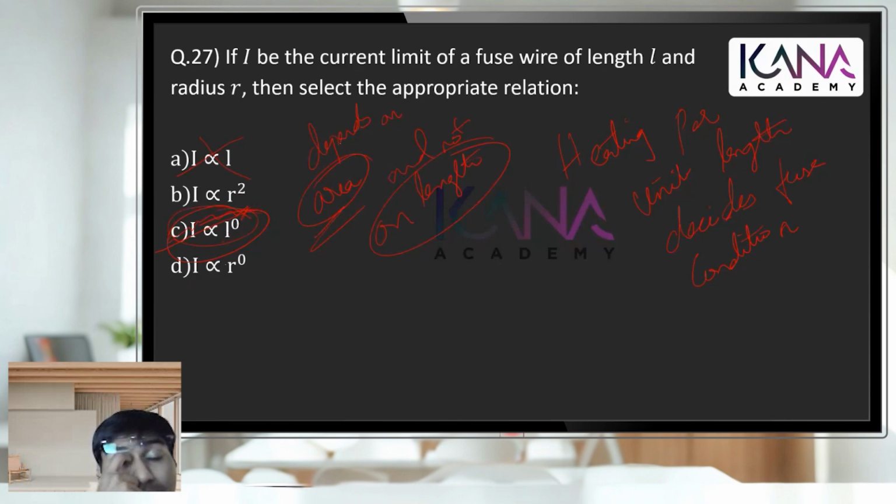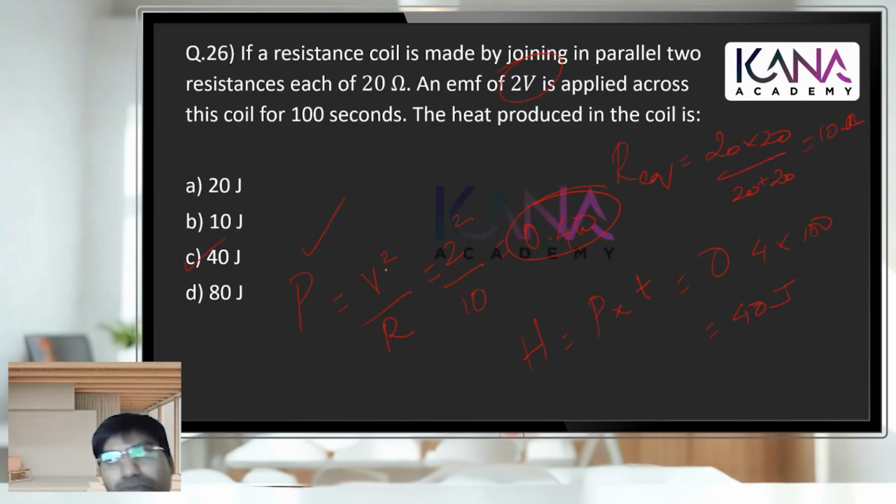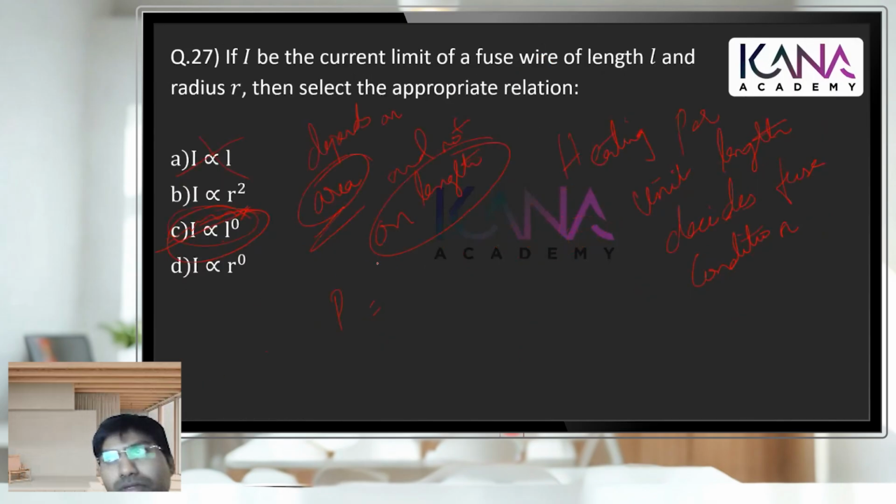It's one more way to get this in equation form. So the total heat per unit length is like, we have this P formula, right? So P can be written as I square R, where this R is rho L by A. So P is equal to rho L by A I square.